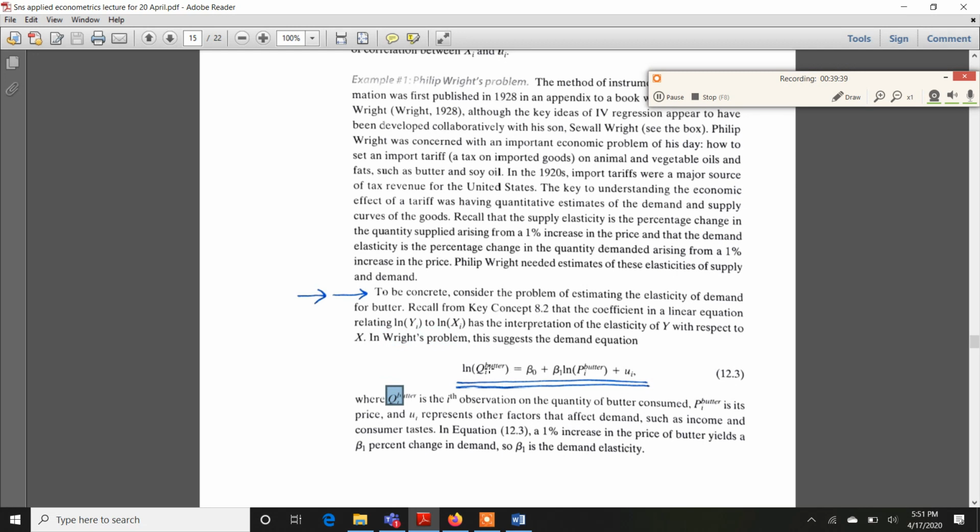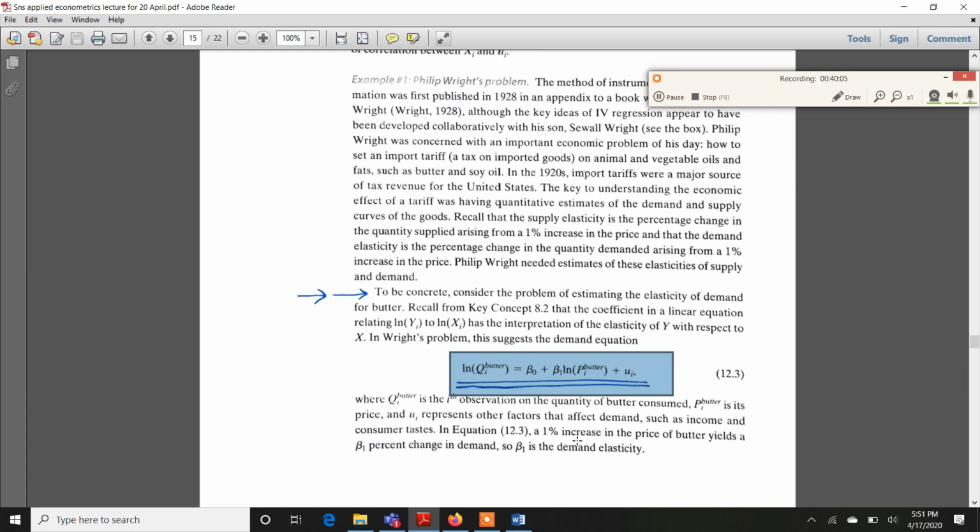Like we want to see the relationship between quantity consumed and the price. And if you have an understanding of economics, or you can just go and use the resources on the internet, you can easily see that whenever we have a model which is regressed in the form of log on both sides, this is a log-log model. So in this type of model, how is beta 1 interpreted?